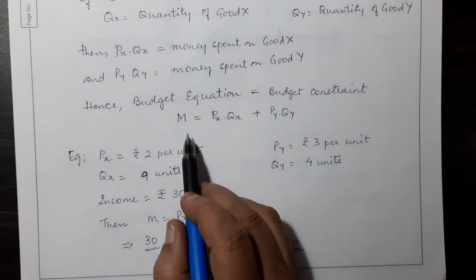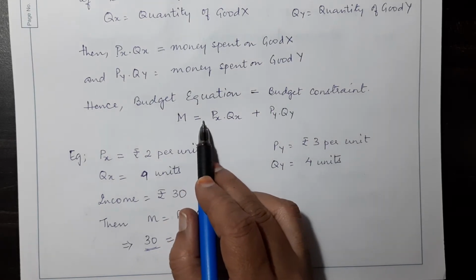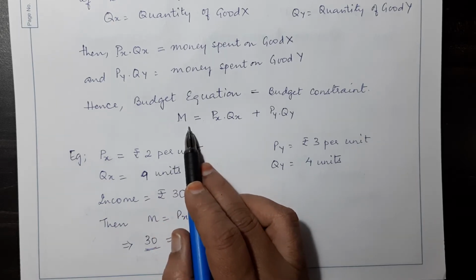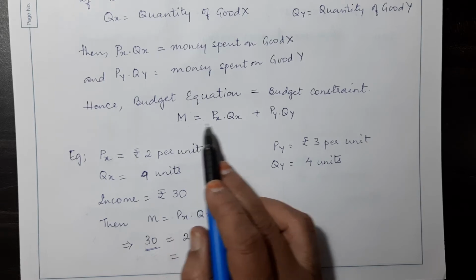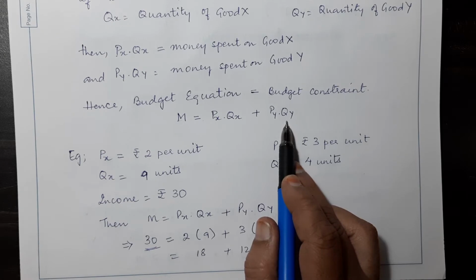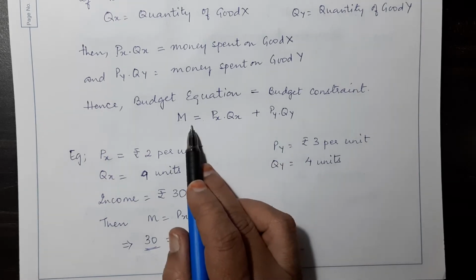Now we are calling this a budget equation. That means that all the money or all the income is totally consumed in consumption of good X as well as good Y, right? This may not be always true.